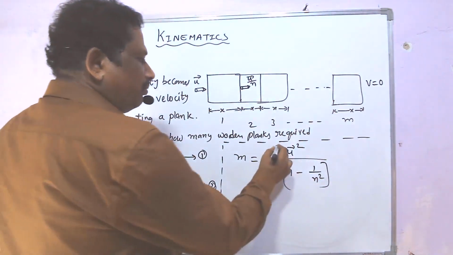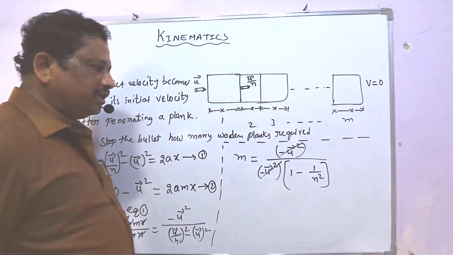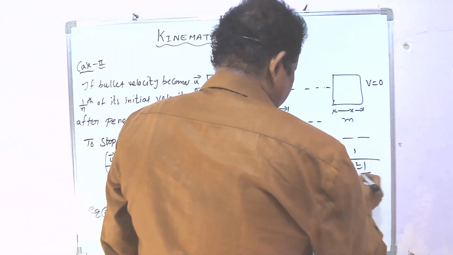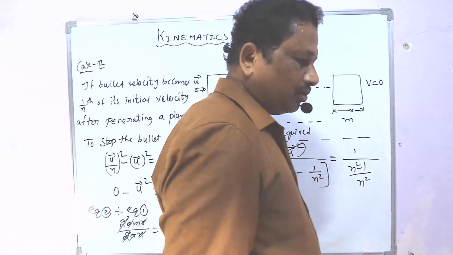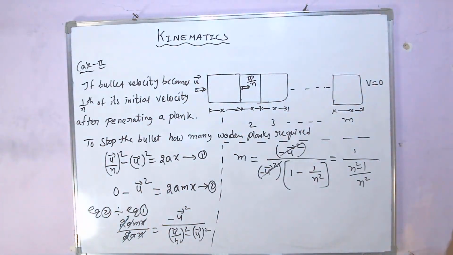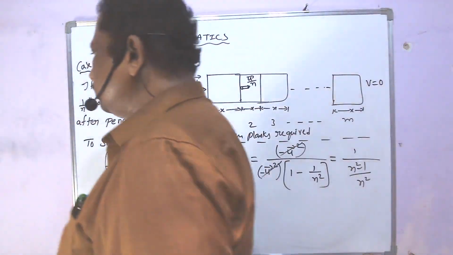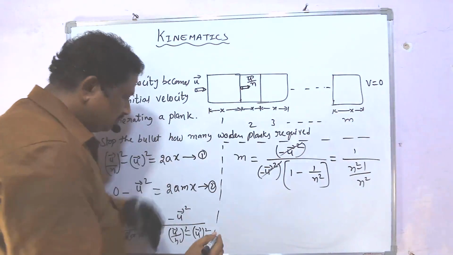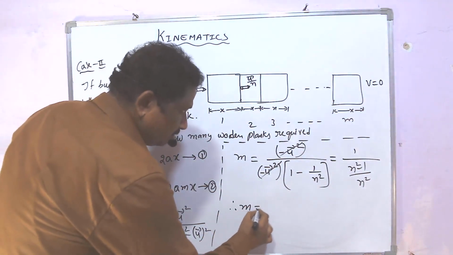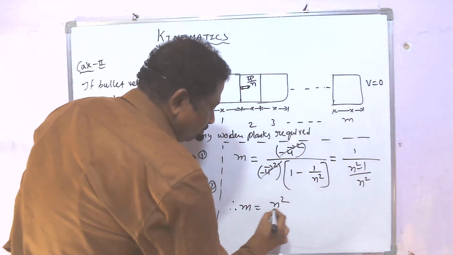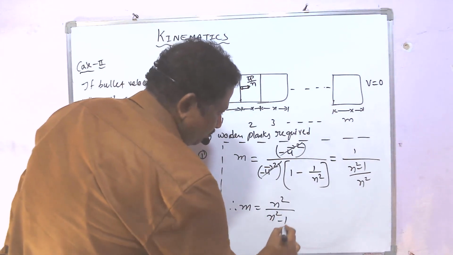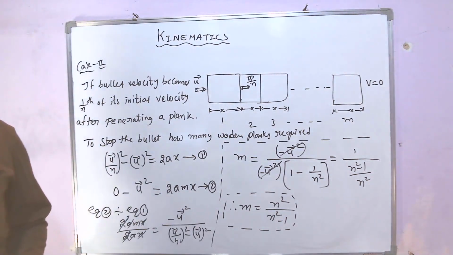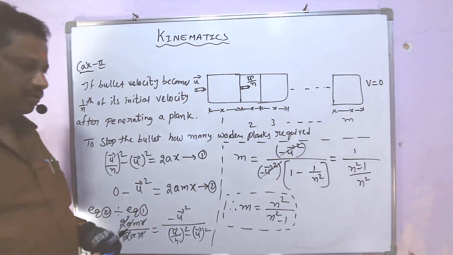Minus u square gets cancelled. This will become 1 by n square minus 1, that is, 1 minus n square by n square. Any doubt here? Finally, the n square goes to the numerator. So the number of planks required to stop the bullet whose initial velocity is u is m equals n square by n square minus 1.